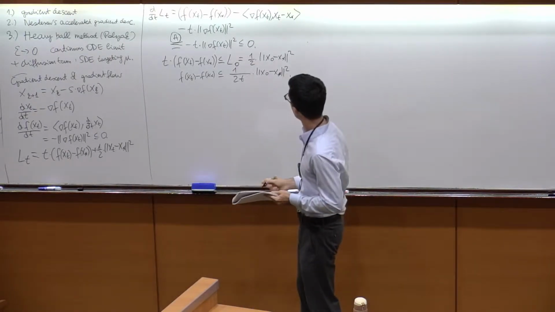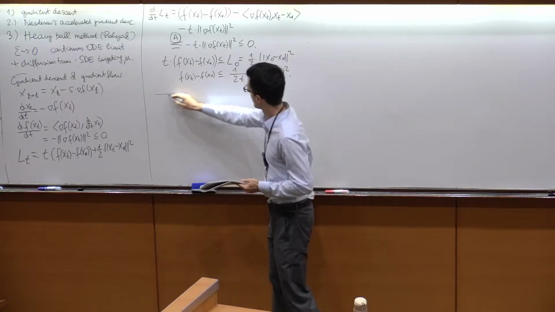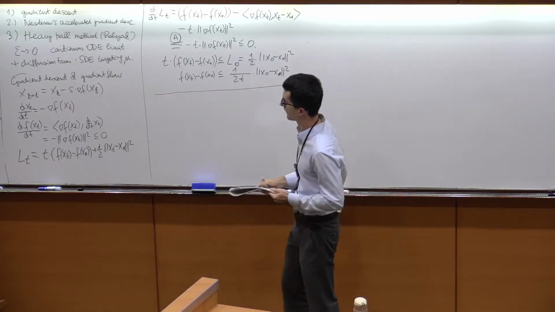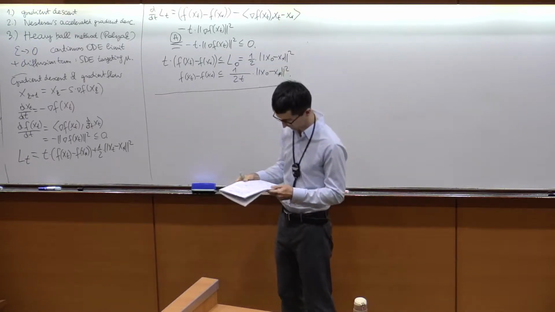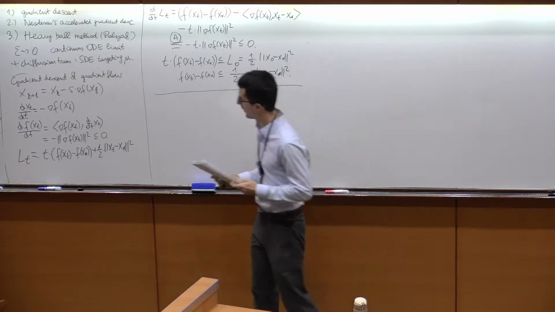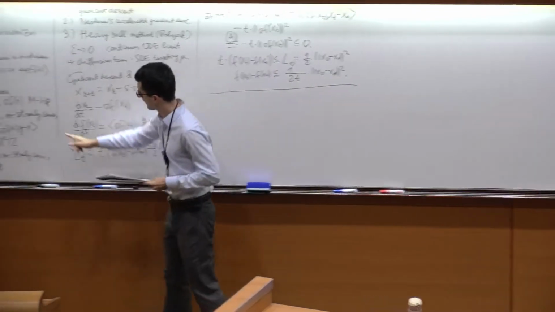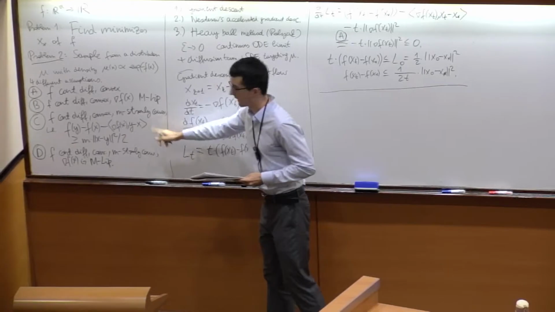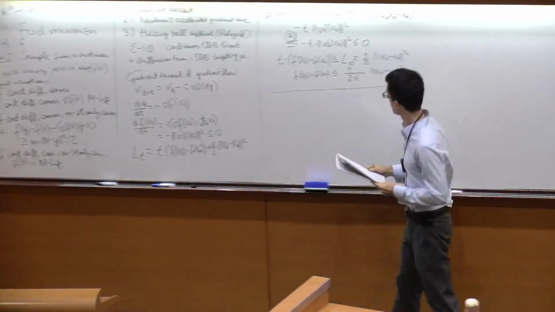How about having stronger assumptions? Now let's assume C, so you have m strong convexity.